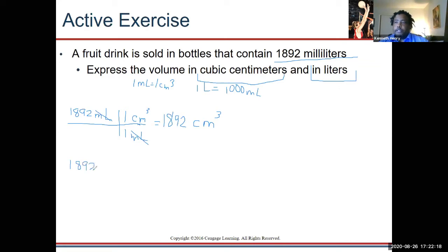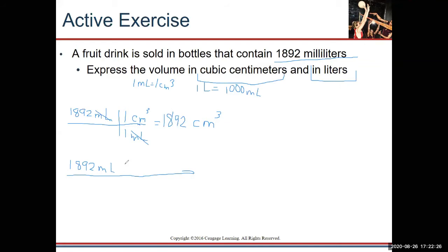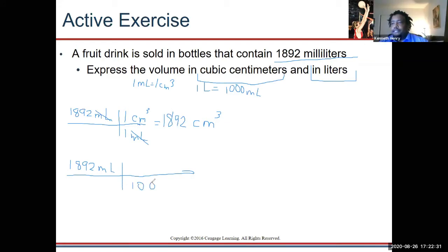Now what's going to go on the bottom here? 1,000 milliliters, and 1 liter up top. Piece of cake?